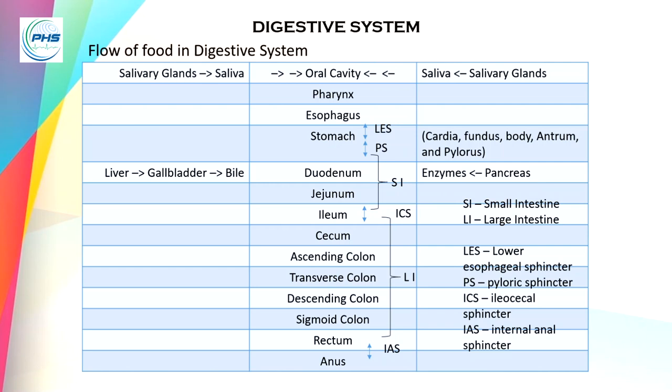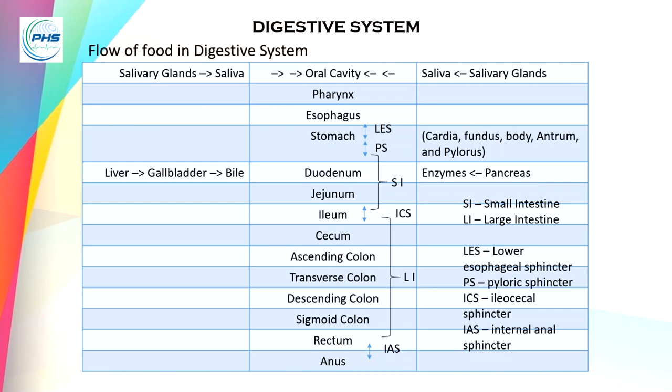Also, it is important to learn the term peristalsis. Peristalsis is the involuntary smooth muscle contractions that move food through the digestive system. With peristalsis, the semi-digested food from the jejunum is further moved down the small intestine and the digestive tract.